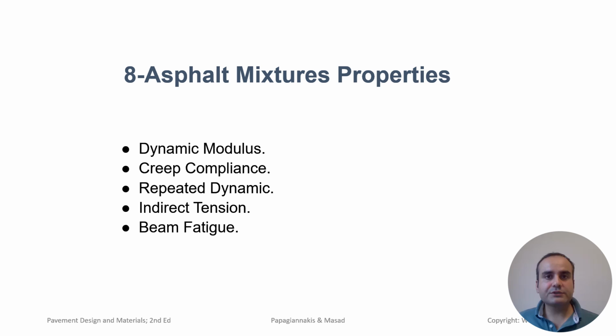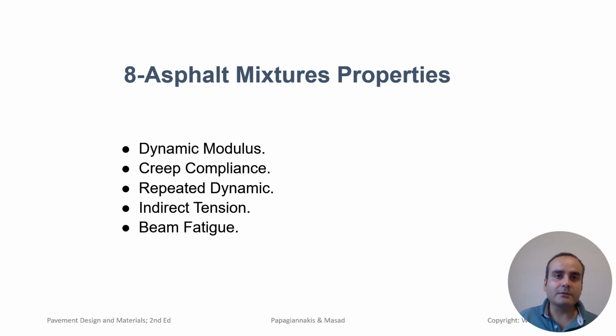An asphalt mixture property refers to the specific characteristics or behavior of an asphalt mix that determine how it performs under various conditions such as traffic loads, temperature fluctuations, and environmental exposure. These properties are essential in predicting the durability, strength, flexibility, and resistance to distress of asphalt pavements.